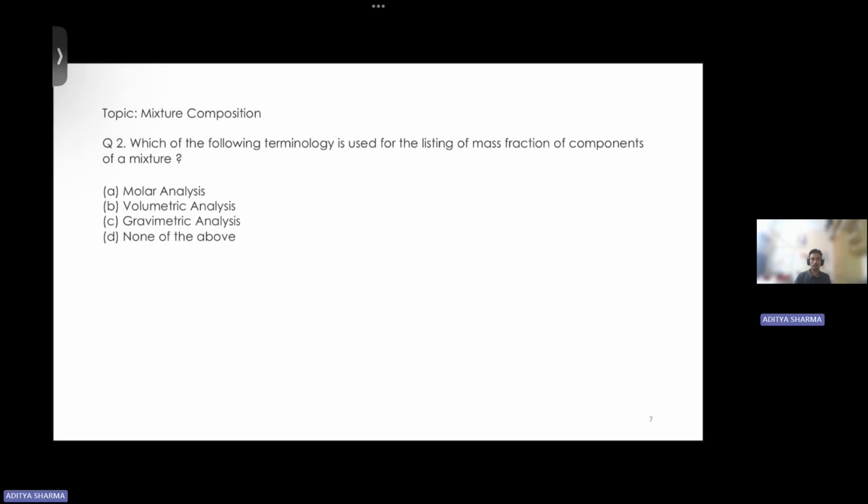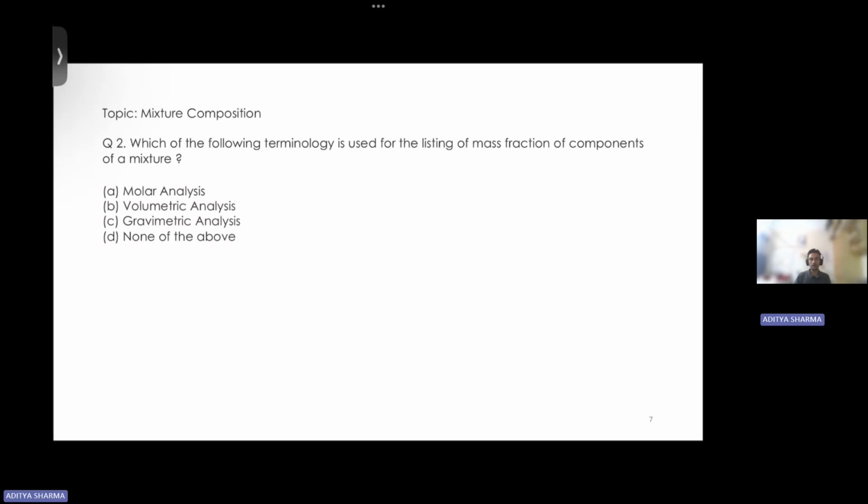Then is your volumetric analysis. Molar analysis is sometimes known as volumetric analysis also. So these are one and the same things as per your slides.